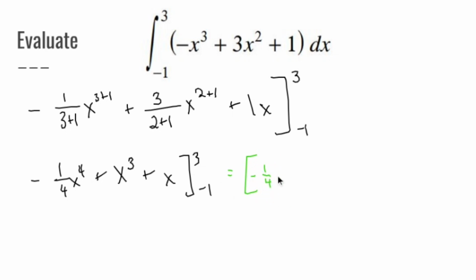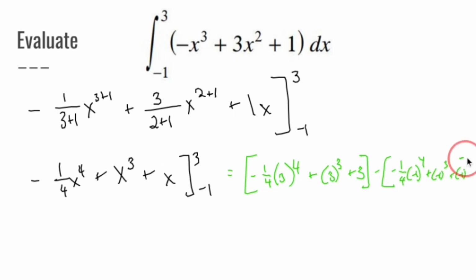My upper limit is 3, so -1/4 times 3 to the 4th plus 3 to the 3rd plus 3, close it, minus -1/4 times -1, my lower limit, to the 4th plus -1 to the 3rd plus -1, close that. Let's see how much math we can do and not make any silly mistakes, which is bound to happen. Bounds, that's funny. Math humor.